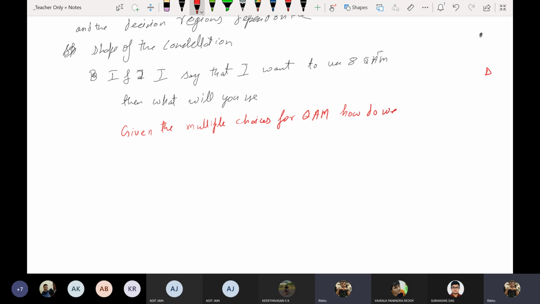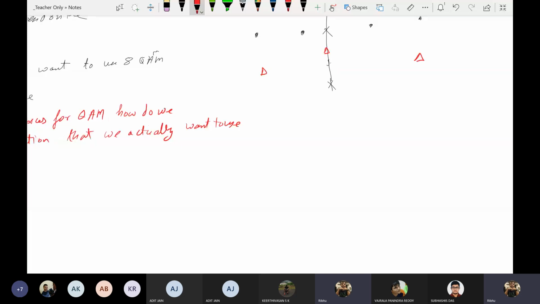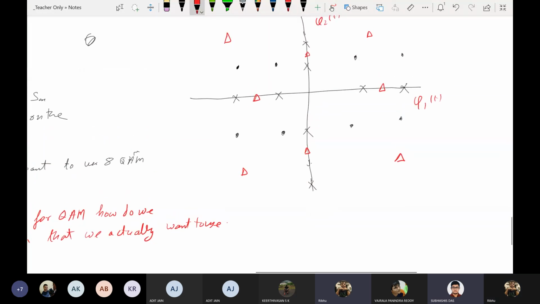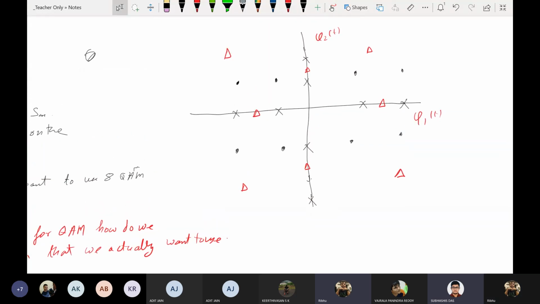How do we decide the constellation that we actually want to use? So guesswork. Sir, is it based on decision regions? Like the larger decision region will be chosen. Larger decision region, what do you mean? There are multiple constellations. We want to choose one constellation from which we will transmit.